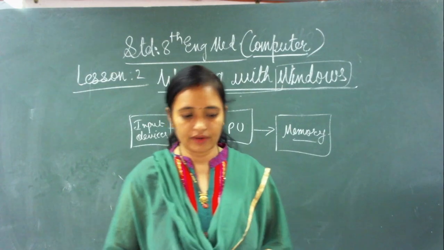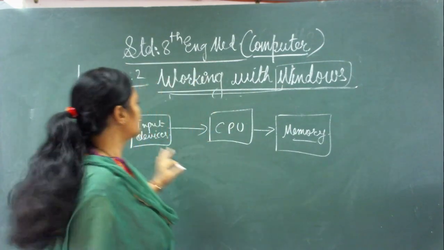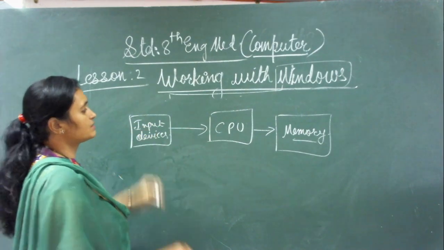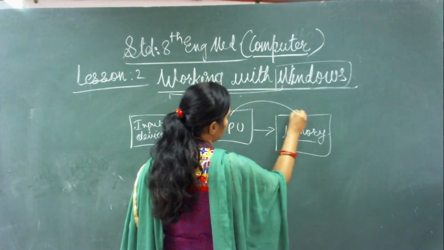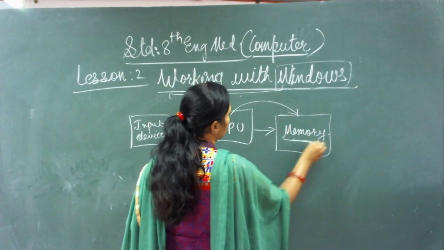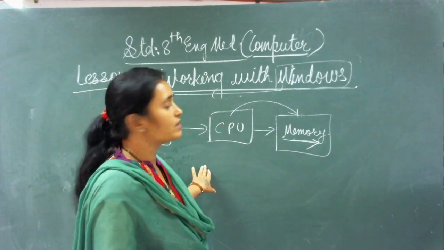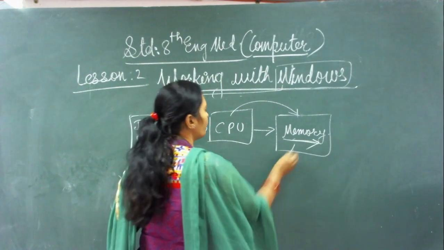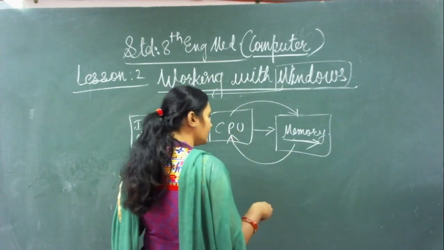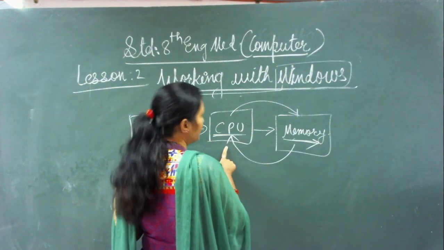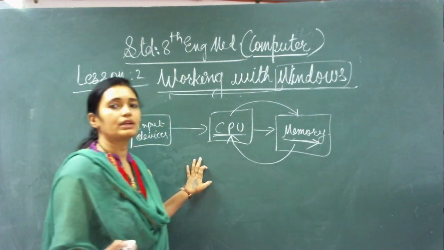It means that when the CPU receives any data from an input device, it sends those data to the memory. And then the CPU obtains those data from the memory. And then the CPU will process those data and give the appropriate output.